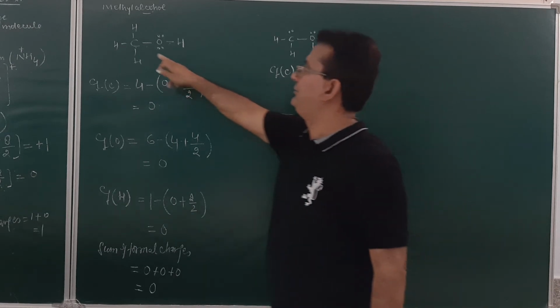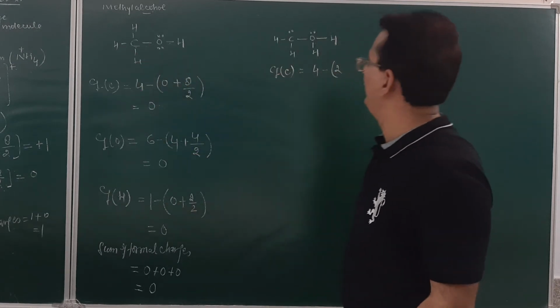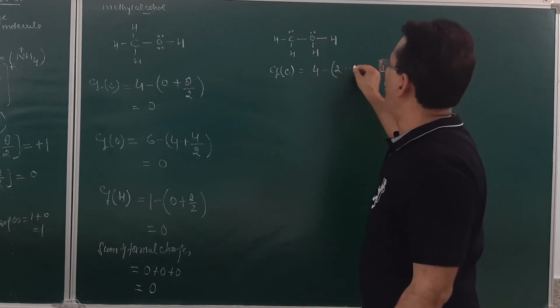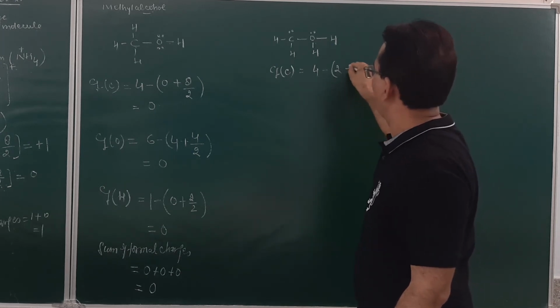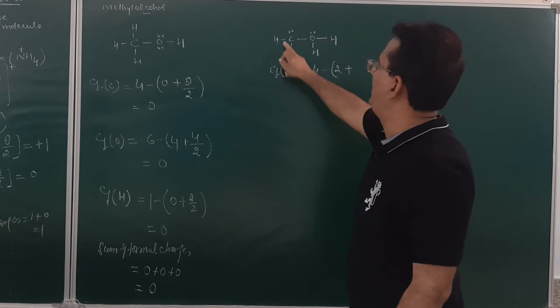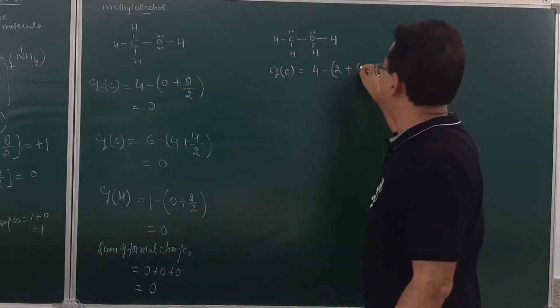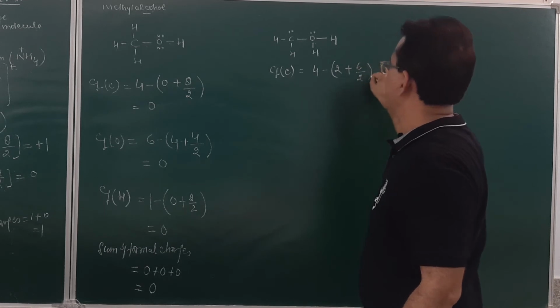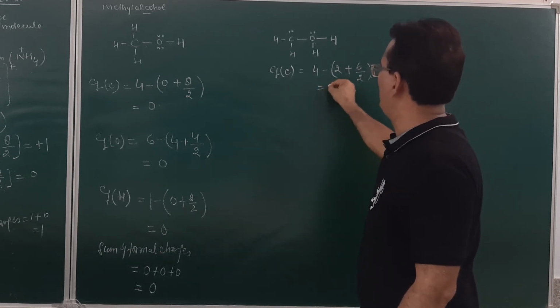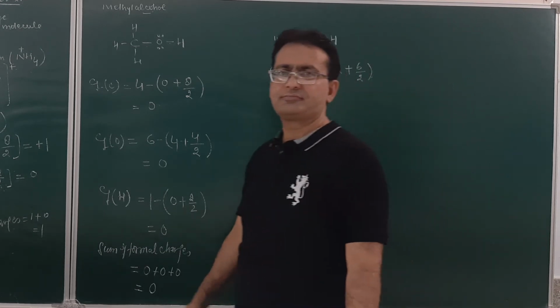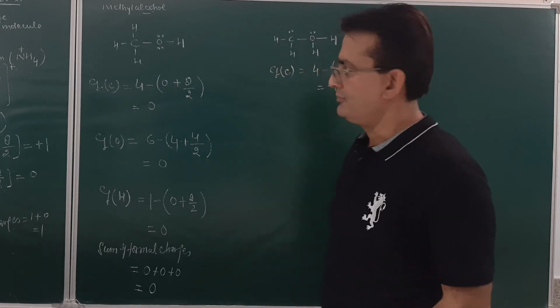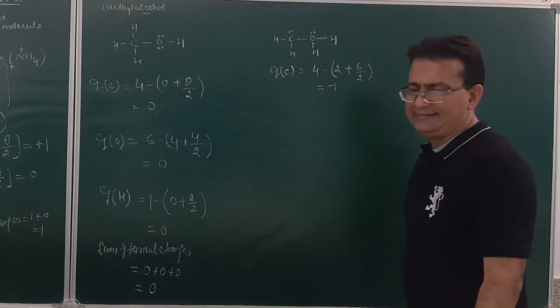Here it was none because all were bonding electrons. How many bonds is the carbon forming? 1, 2, 3. So this will be 6 divided by 2. And I think it will come out to be equal to minus 1. Yes or no?